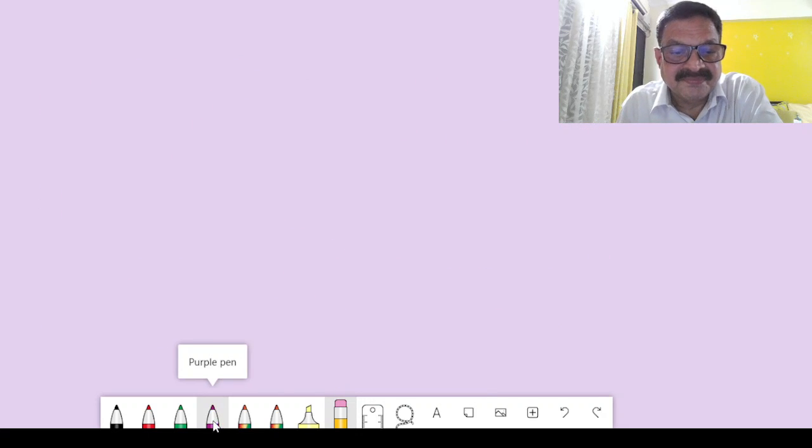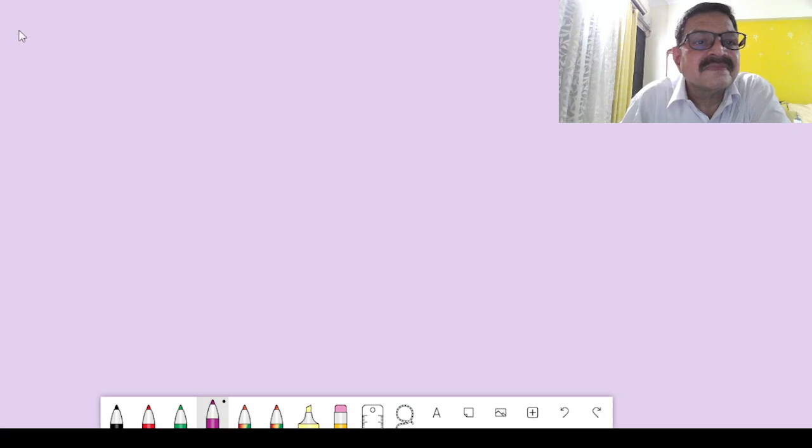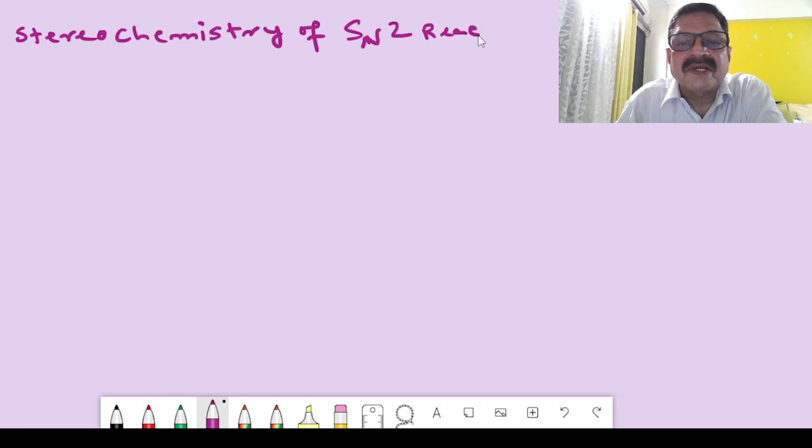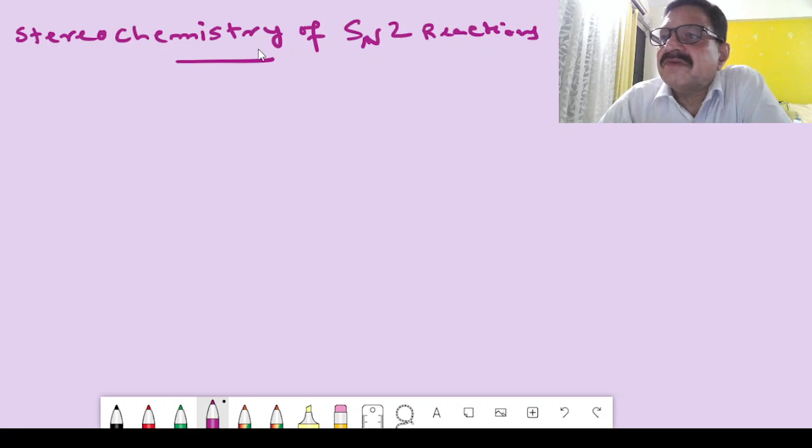So for SN2 reactions, how will the stereochemistry be? To understand these reactions, there should be a stereogenic center. Stereogenic center means an asymmetric carbon, that is, four different groups attached to a carbon atom.